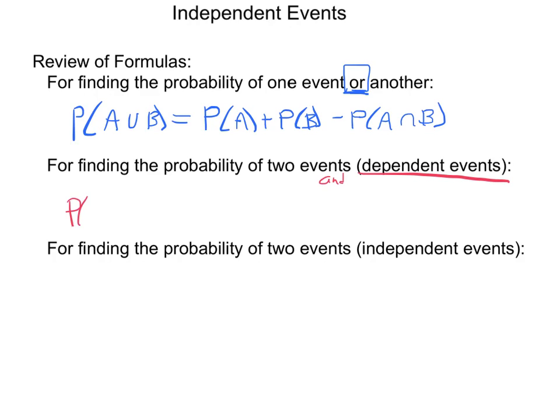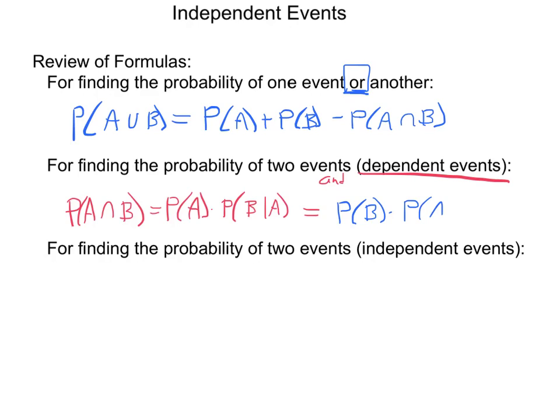If you want the probability of A and B, it's the probability of A times the probability of B given that A has happened, because they're dependent events. By the way, you can also write it as the probability of B times the probability of A given B. The important part is that you have one that's an A and one that's a B.